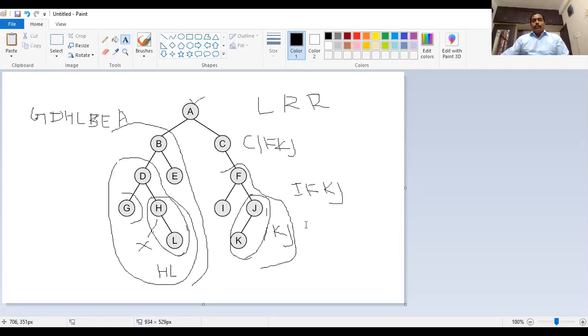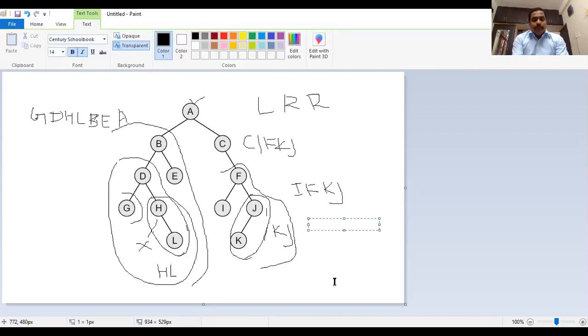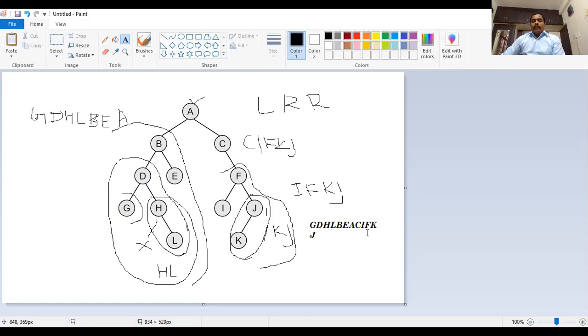We know that we are visiting from the leftmost node: G, D, H, L, B, E, A is the root, then the right side C, I, F, K, J. I hope you have understood entirely, so there is no doubt.